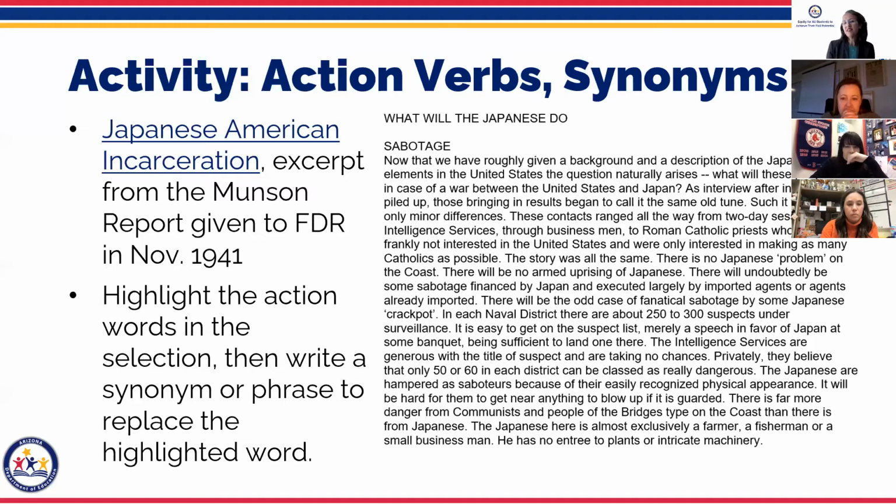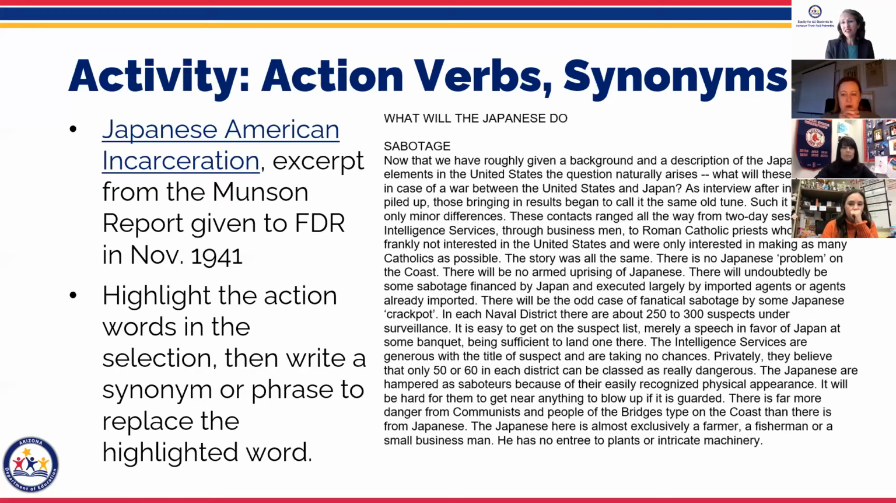What I find with this document, especially with regards to the time frame, is that this was actually given to FDR before Pearl Harbor even happened, so they were already concerned about the Japanese. And so there's a lot that you can do with it. But again, you only have to do just an excerpt of this, and it gives you that idea of having your students read the document and understand it by figuring out, okay, what are the actions here?